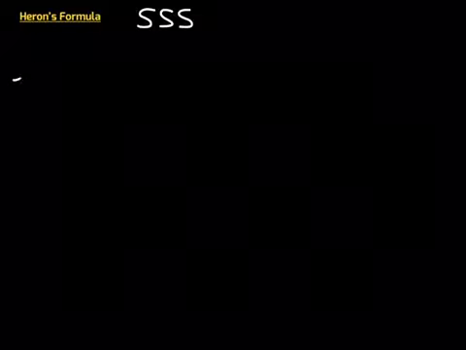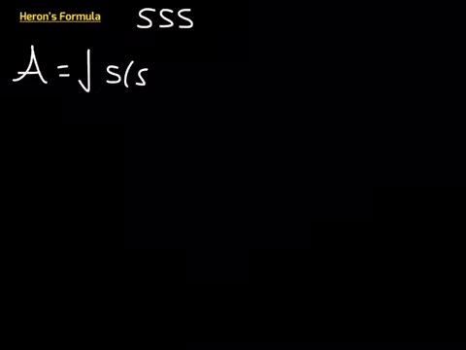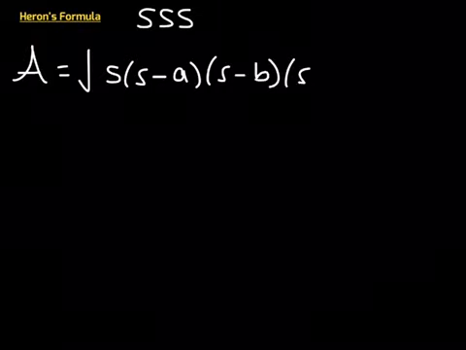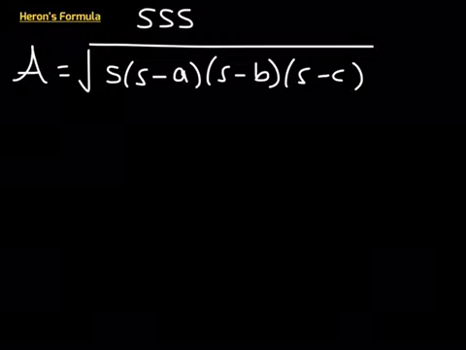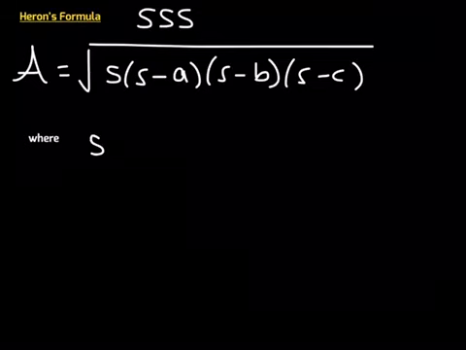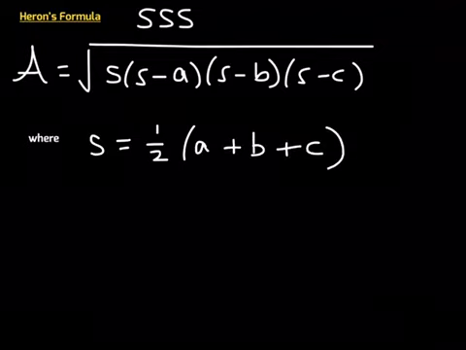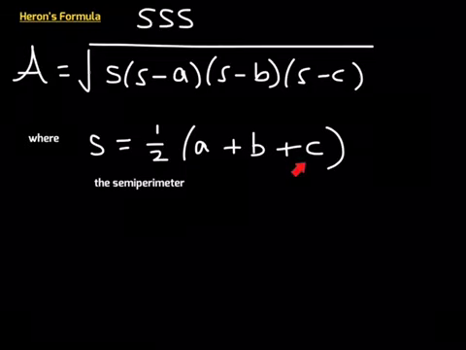The area of the triangle will be equal to the square root of S times the difference of S and A times the difference of S and B times the difference of S and C. That's Heron's formula, where S is the semiperimeter, which is basically 1/2 of the sum of the 3 sides. And of course, A, B, and C are the 3 sides of the triangle.